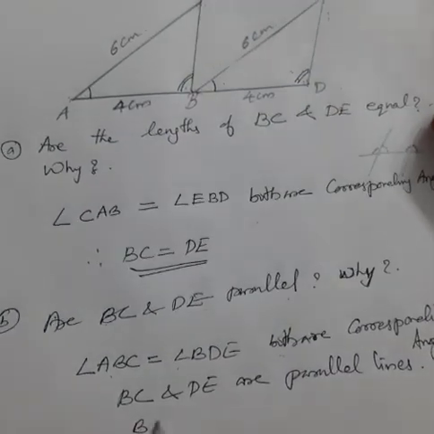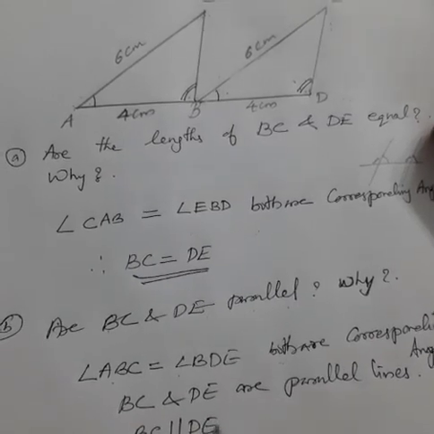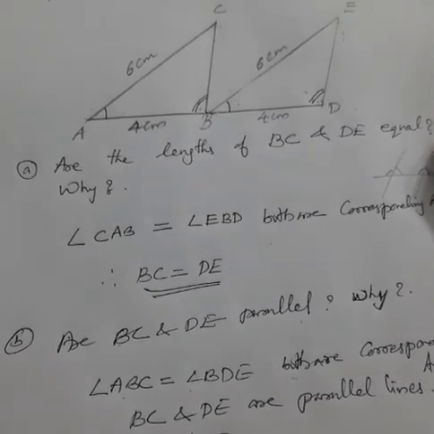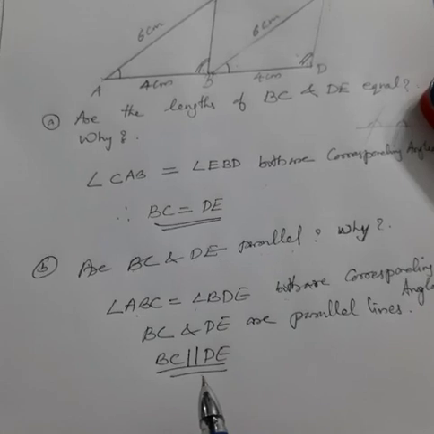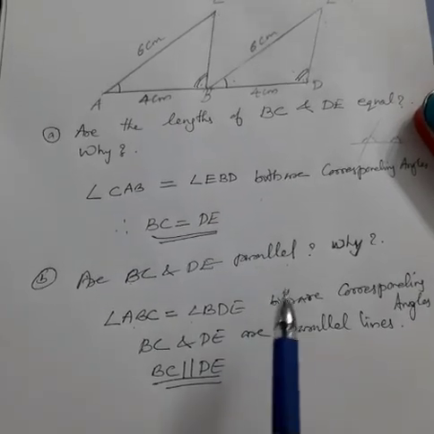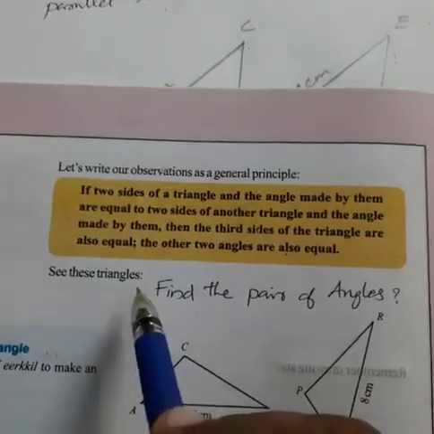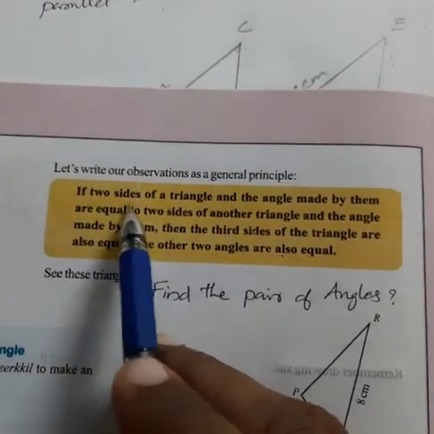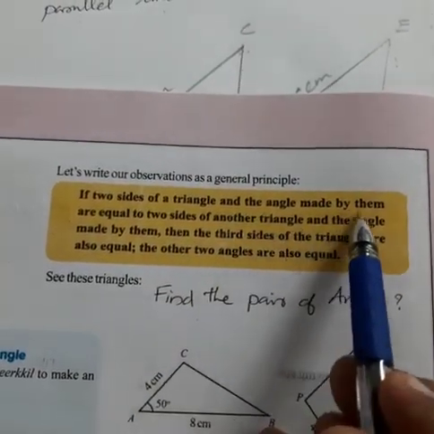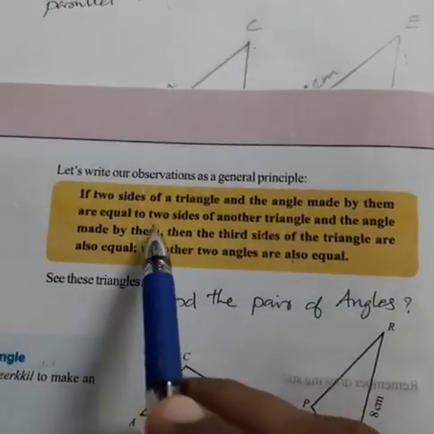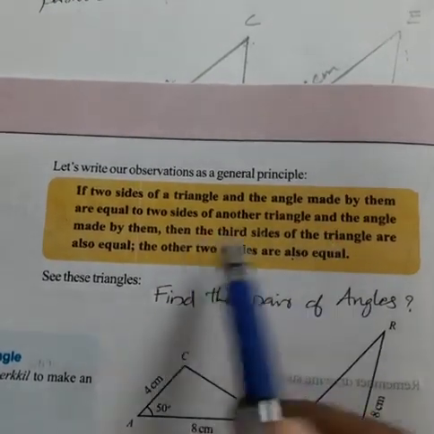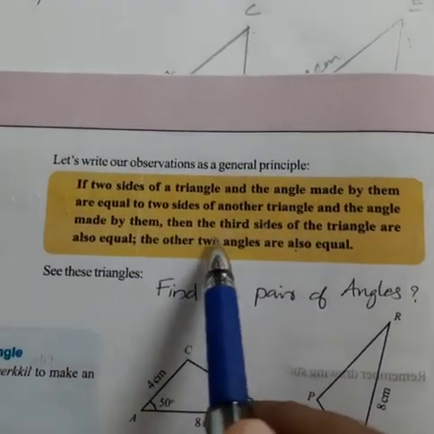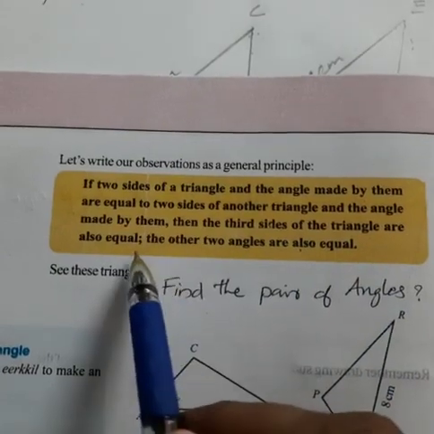So BC is parallel to DE, and the reason is the same. Why is it parallel? This is the reason. If two sides of a triangle and the angle made by them are equal to two sides of another triangle and the angle made by them, then the third side of the triangle is also equal.